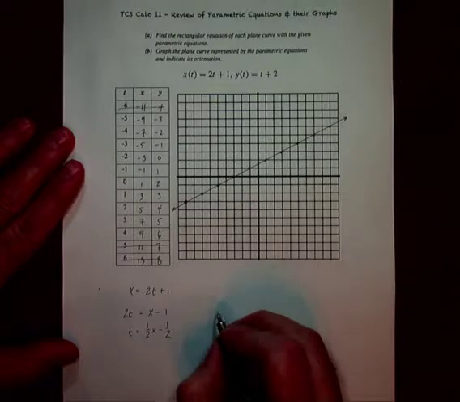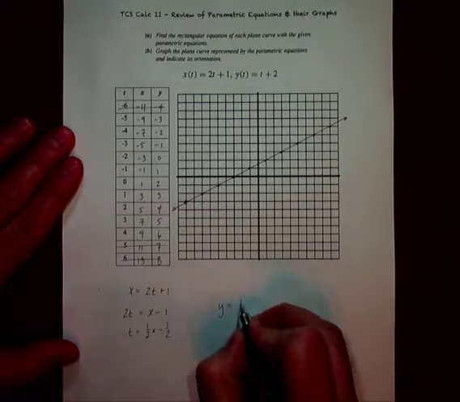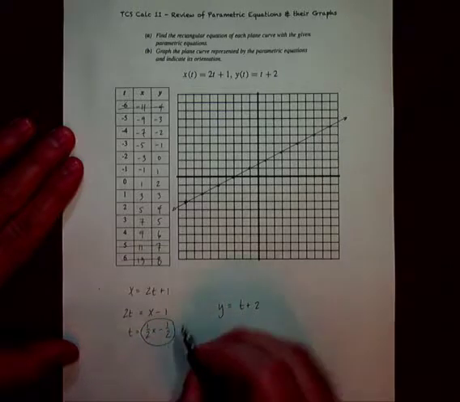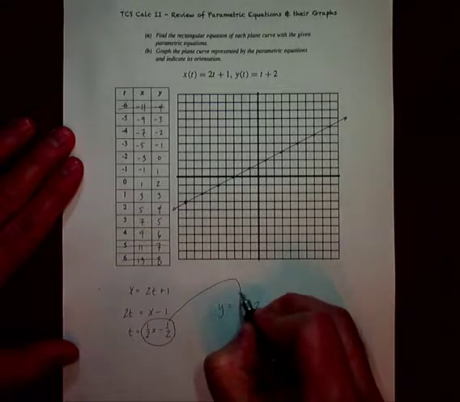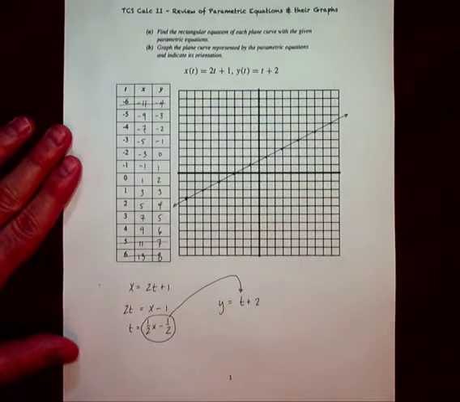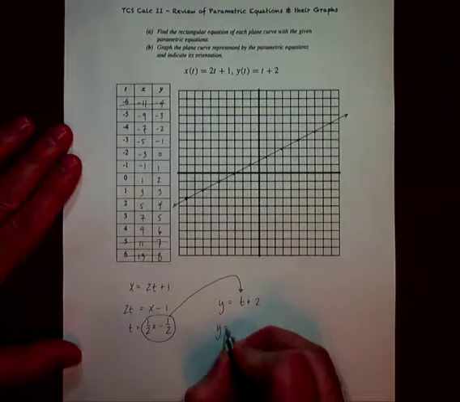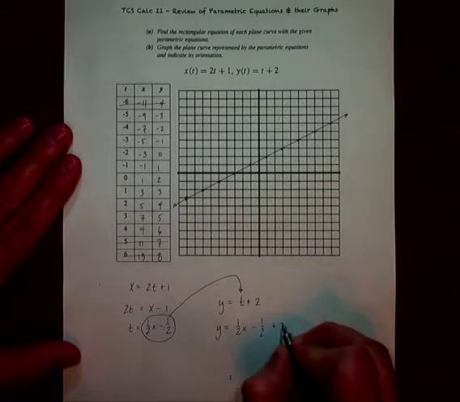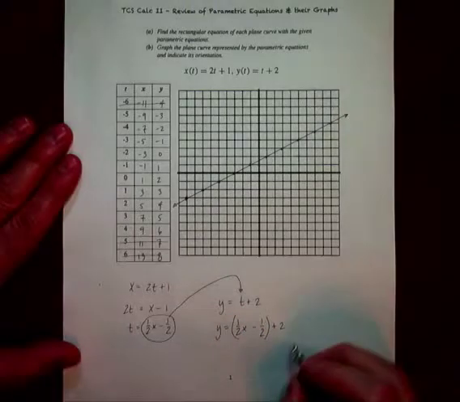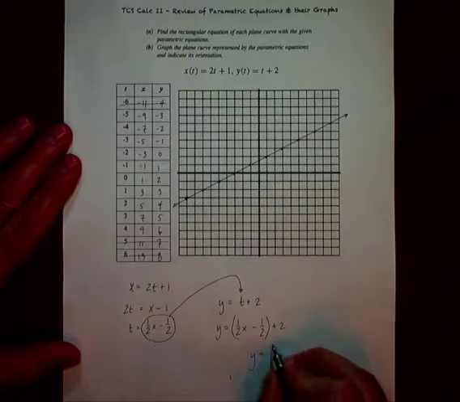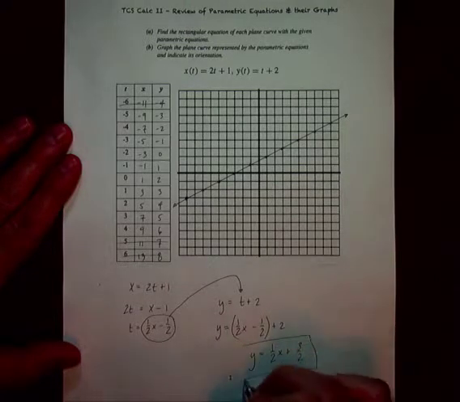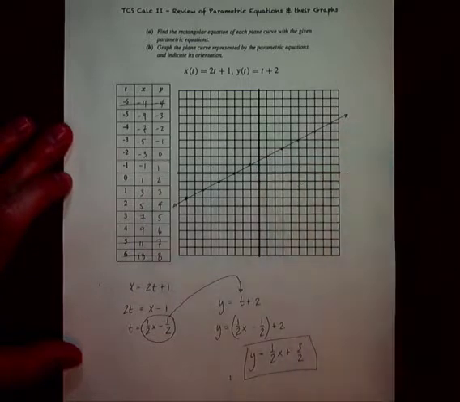Now, the reason that we do that is because y is equal to t plus 2, and if this right here is t, I can take it and, of course, just dump it in right there. And it's a simple substitution, and I get y is equal to 1/2 x minus 1/2 plus 2, because that was our t. And that, of course, gives me 1/2 x plus 3/2, which, if I look at it, is exactly what that line looks like.